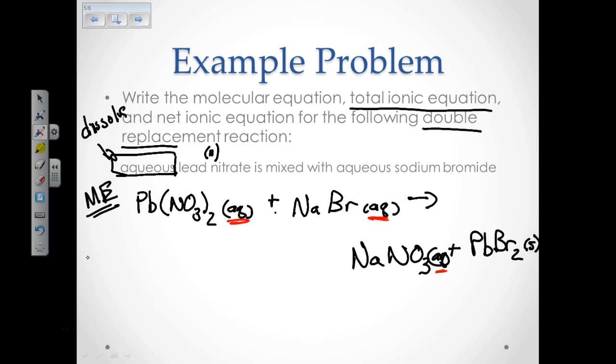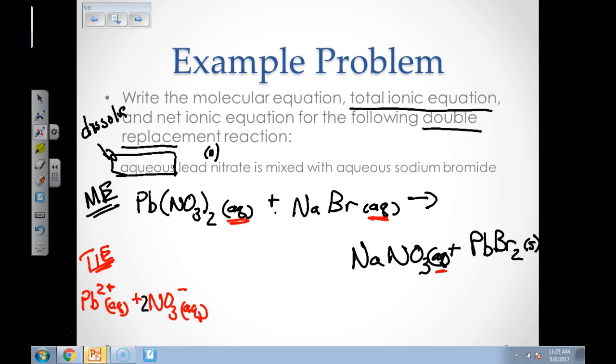So the total ionic equation is Pb2+ aqueous, because it's in water, plus NO3- aqueous. I know there's a 2 there; that just means there are 2 nitrates, so if you wanted to, you could put a 2 there.